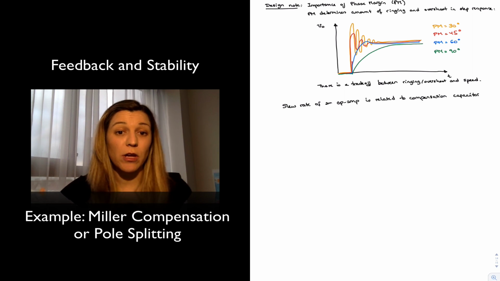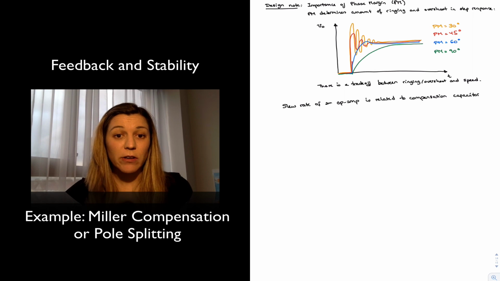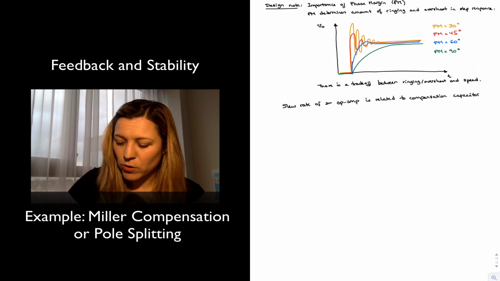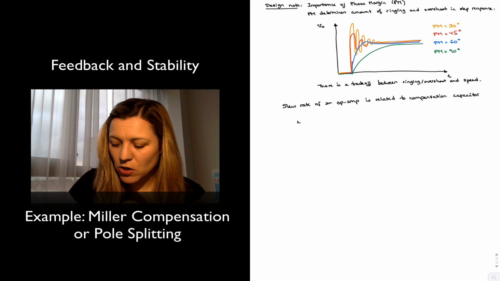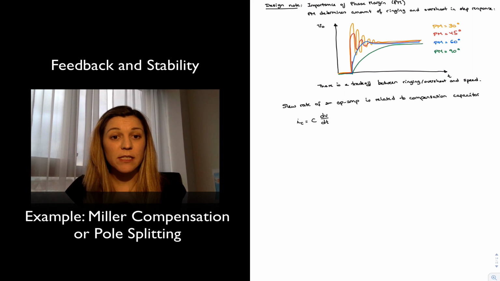Basically, that compensating capacitor, as you change your output voltage levels, has to charge and discharge. And there is some time associated with that charging and discharging of that capacitor. We know that the current through a capacitor is given by the equation IC equals C dV/dt.